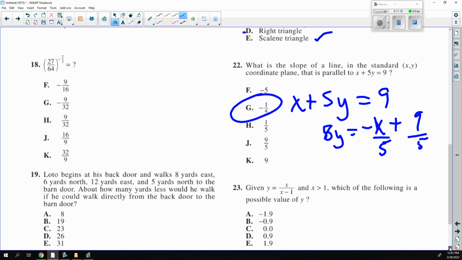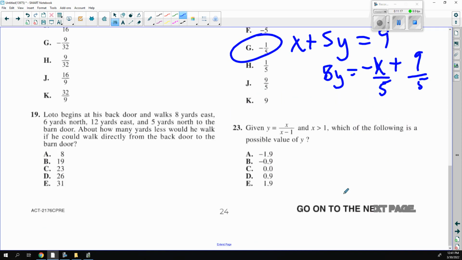This one's funny. They like to do number theory a lot, and the number theory is if x is greater than 1, both of these are positive numbers, so it can't be negative. It can't be 0, because the only way it could be 0 would be if x is 0, and it's got to be where the numerator is bigger than the denominator.